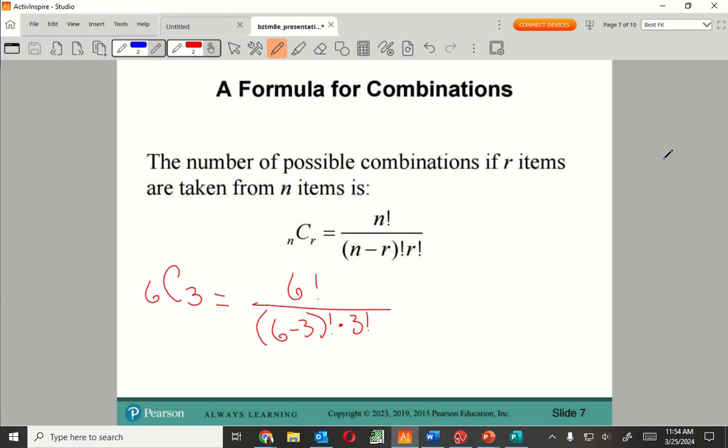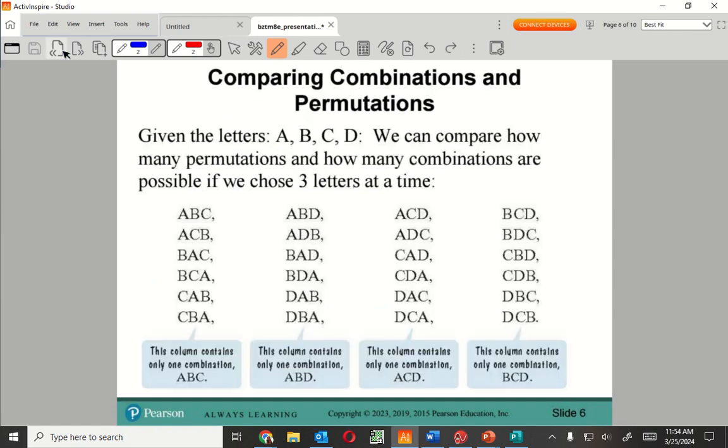All right, so going back to the notes, back up one page right there. It says comparing combinations and permutations. Given A, B, C, D, compare how many permutations and how many combinations are possible. We choose 3 letters at a time. So I'm starting with how many letters? 4.